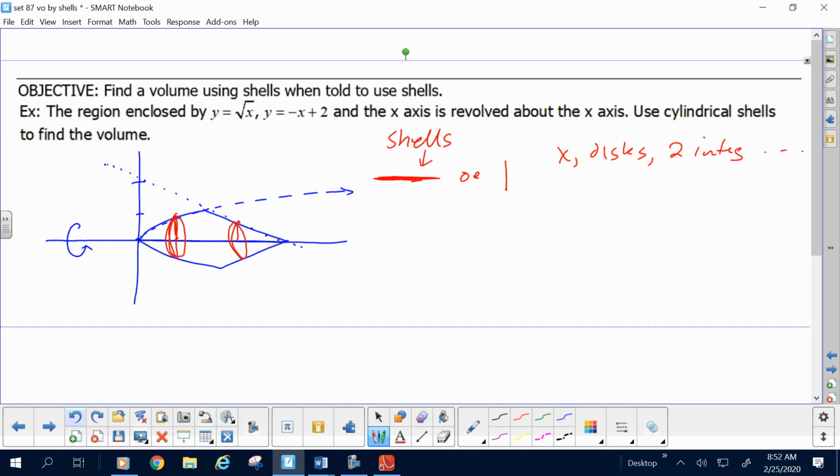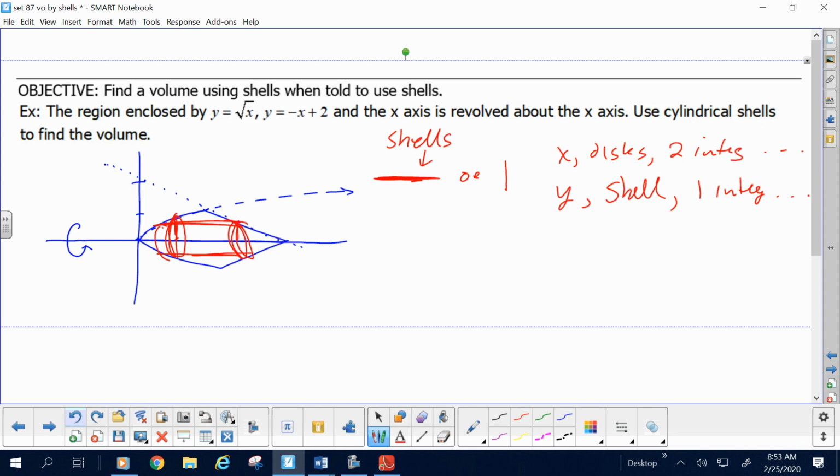And I would get the same as if I used Y, and we said Y is going this way. And that results in a shell, and would that be one or two integrals? That's one integral. Now these should be the same answer, and so if you had freedom to go either way, it's nice to have a check against each other. But we're going to go the shell's way because they asked us to.